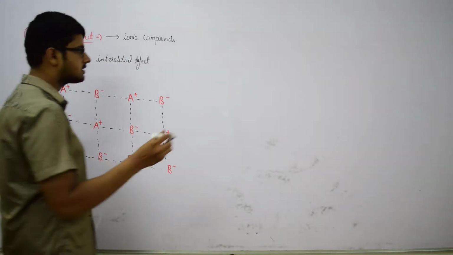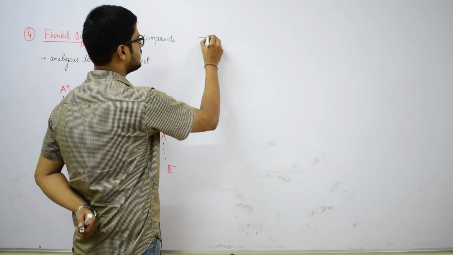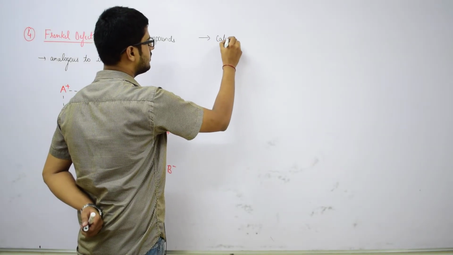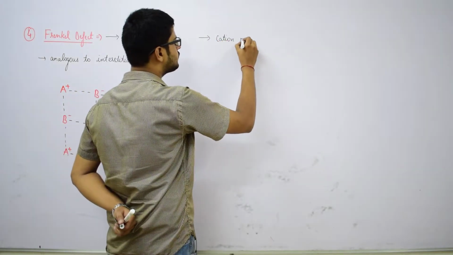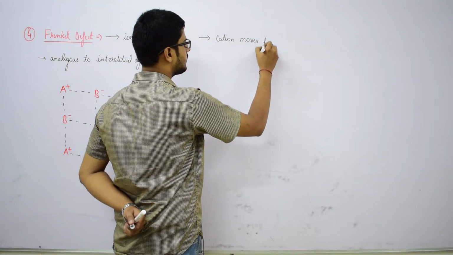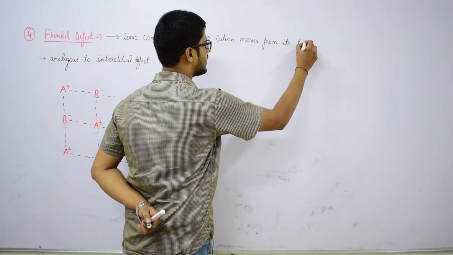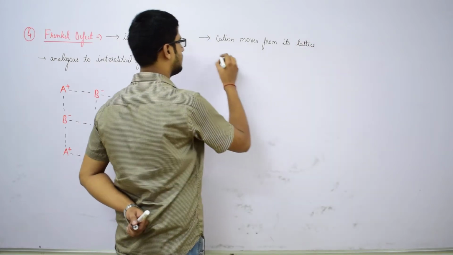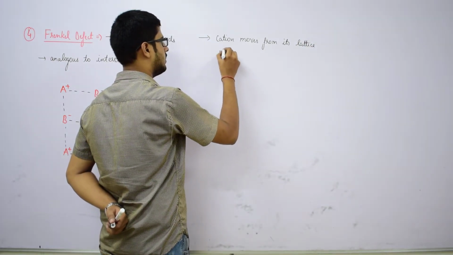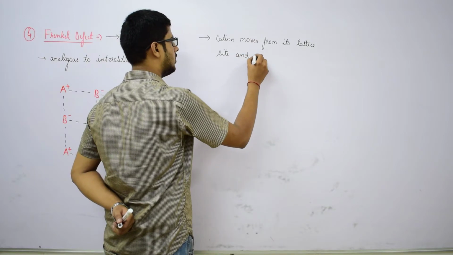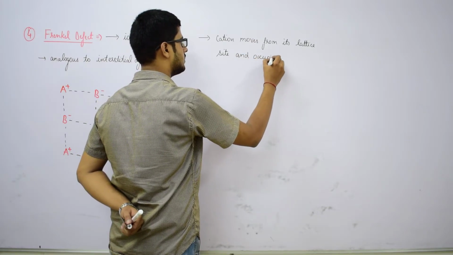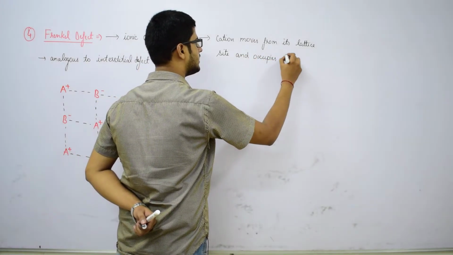So, what happens in this case? The cation moves from its lattice site and occupies an interstitial site.